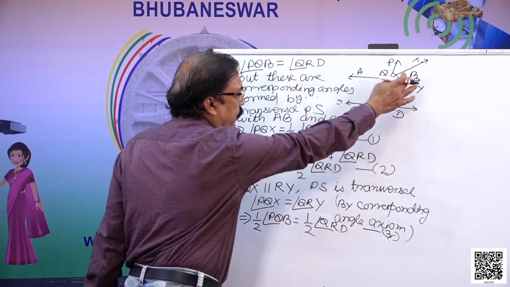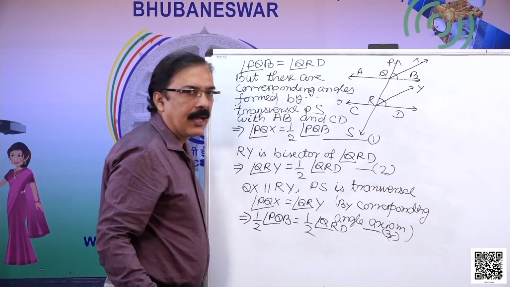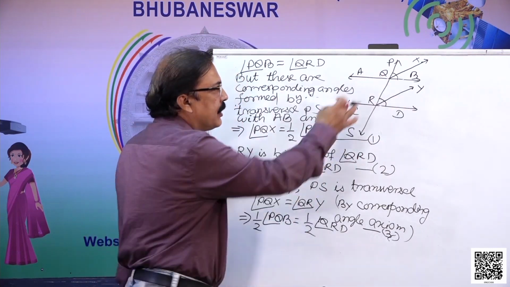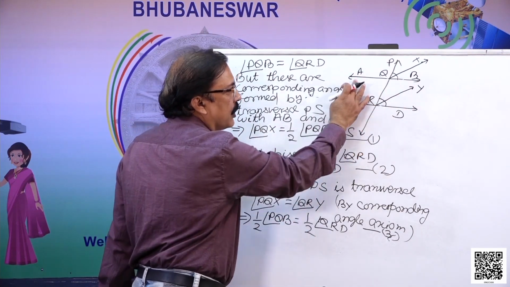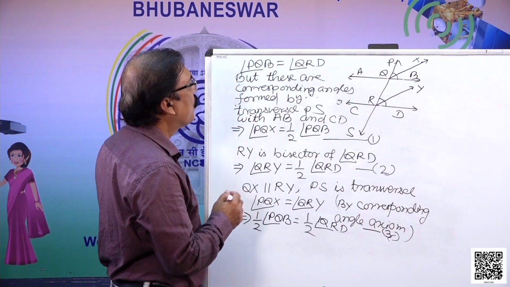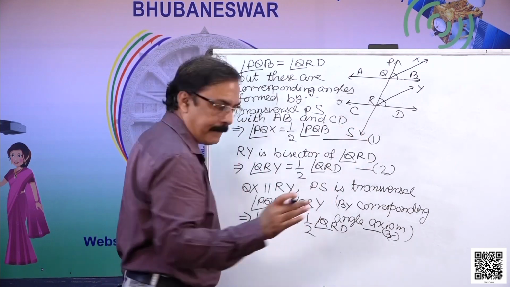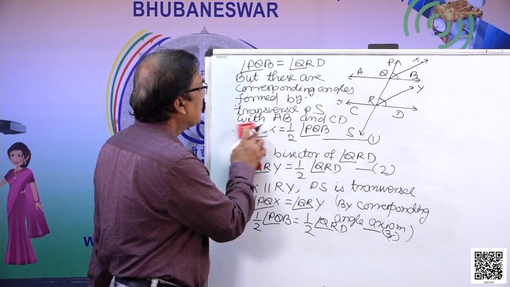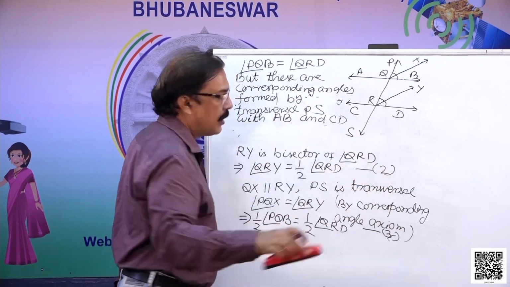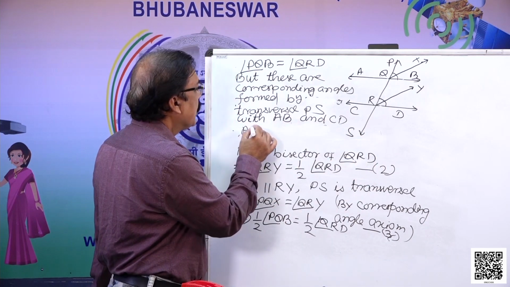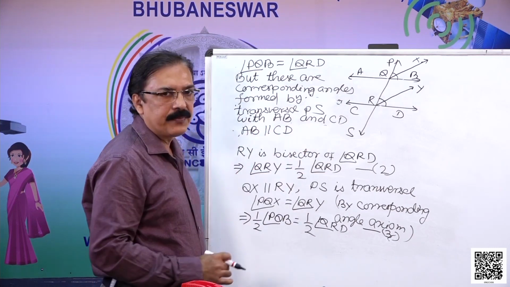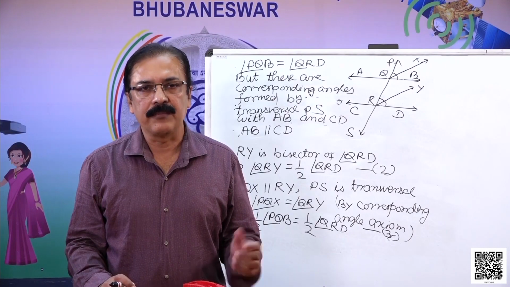So PQB and QRD are the corresponding angles formed by the transversal with lines AB and CD. So this shows that AB is parallel to CD. This is by the converse of the parallel axiom.